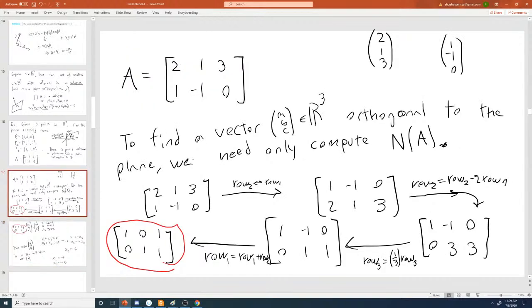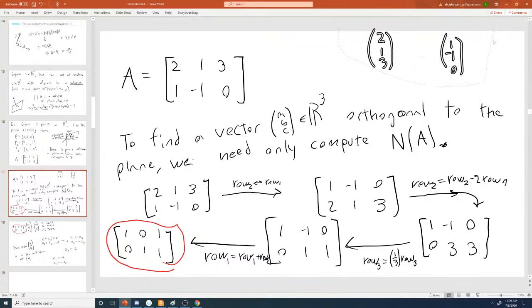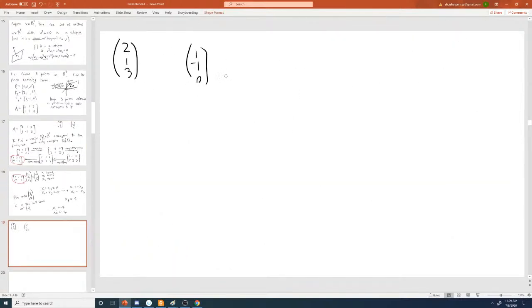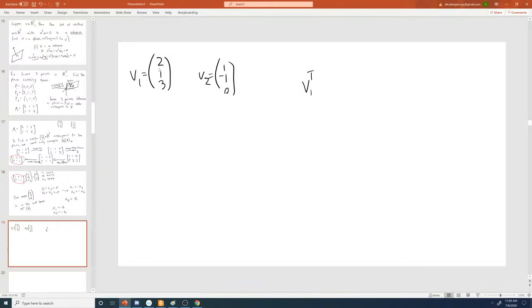So what I can do is take my original two vectors, call them v1 and v2, and compute v1 transpose times w, where w is -4, -4, 4.